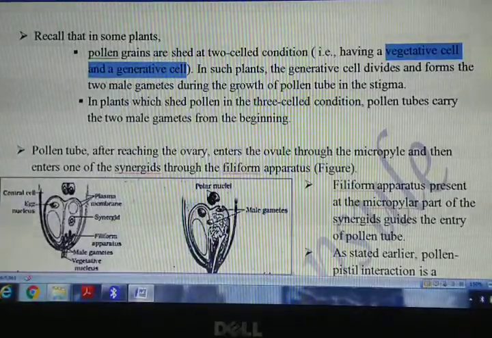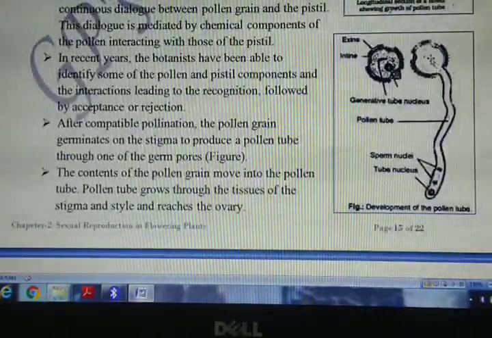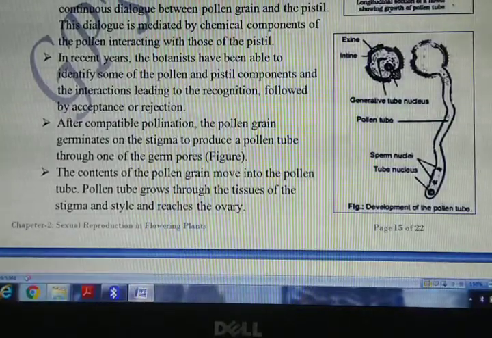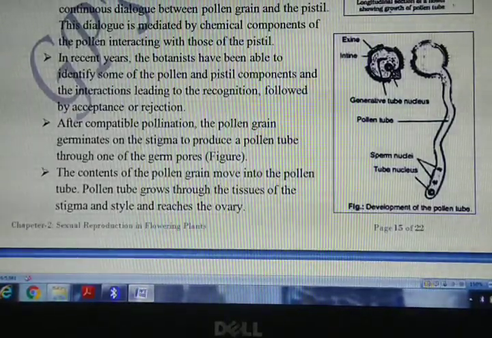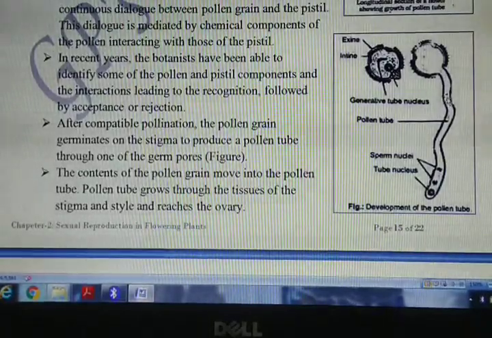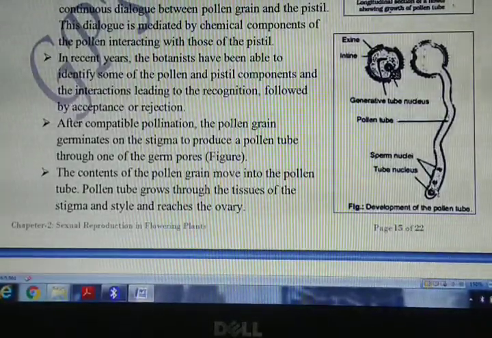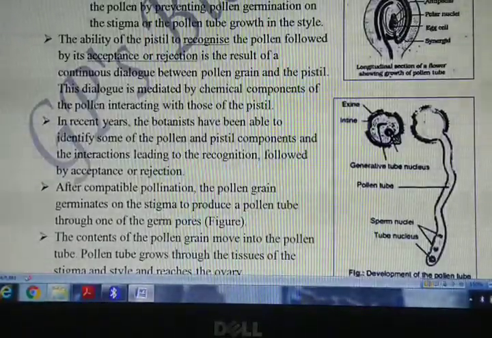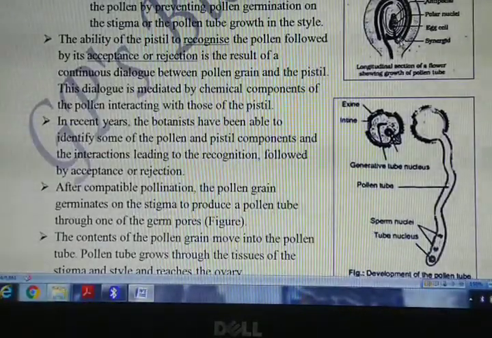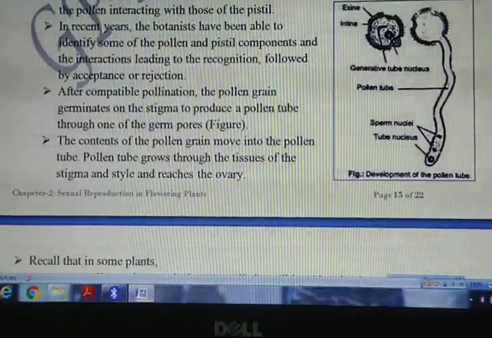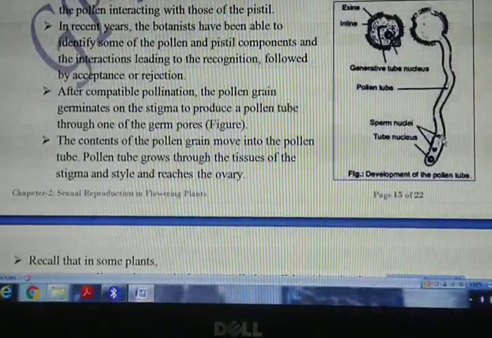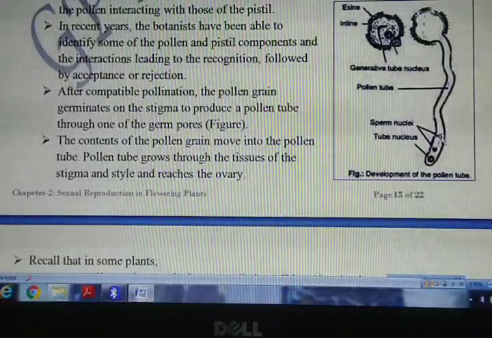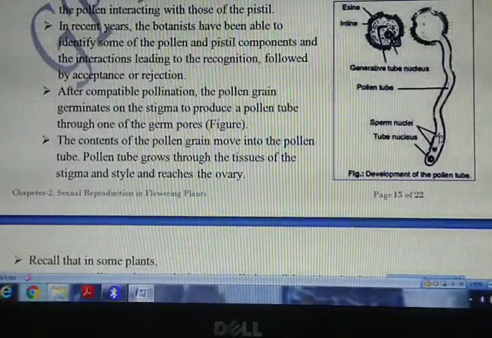Later, when the pollen tube has germinated and come down, these two cells start moving down, and when they have almost reached the ovary, near the ovule, one of the cells, the generative cell, is going to divide again by mitotic division.